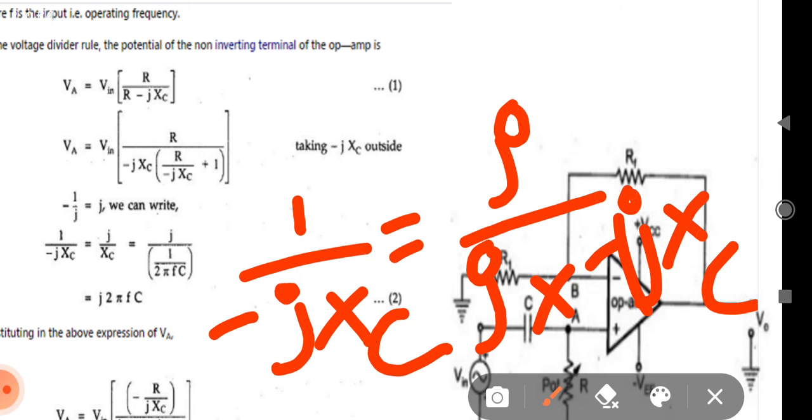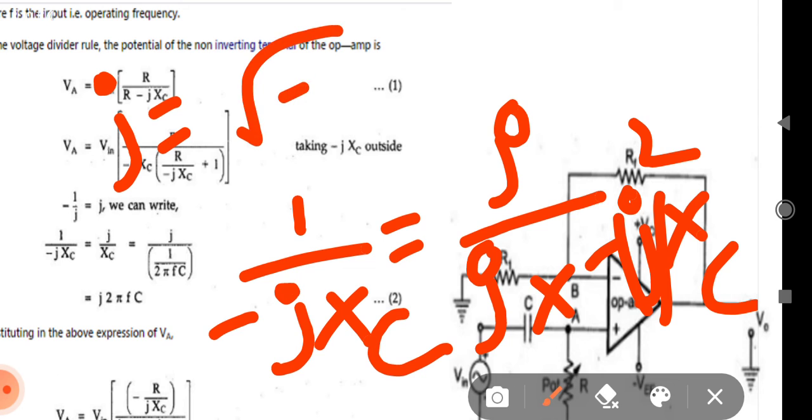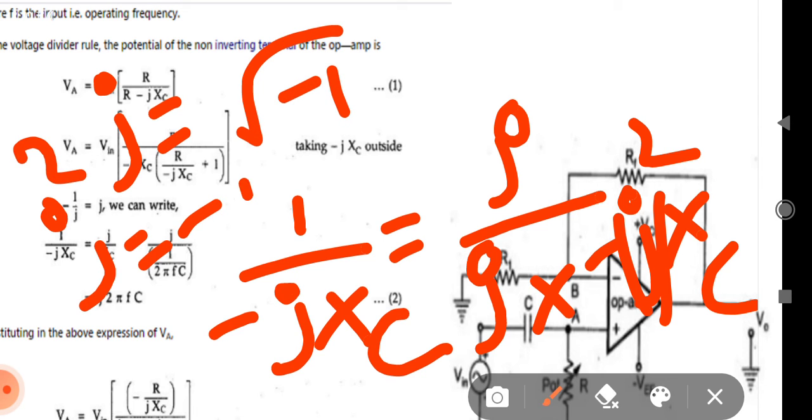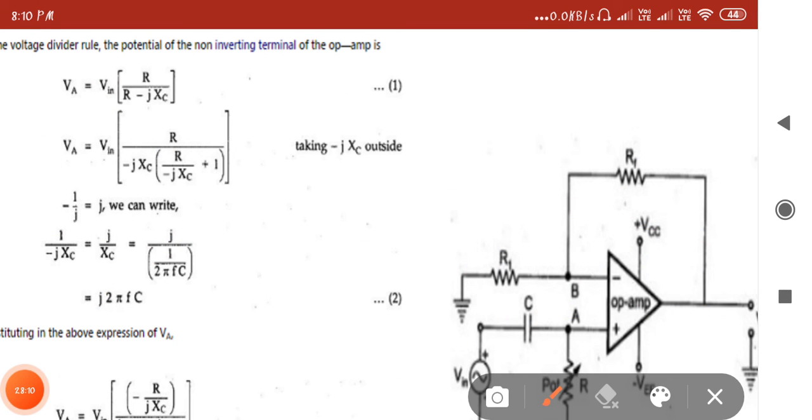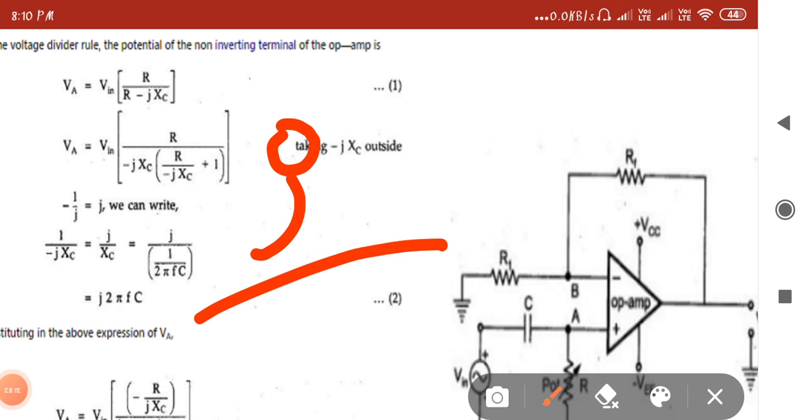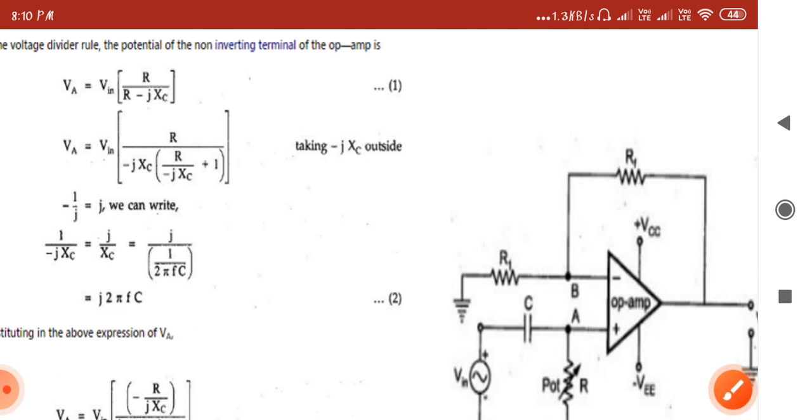J into J, J square. J equals to root of minus 1, J square equals to minus 1. Minus 1 becomes plus, we have to take that one. That's why it is J divided by XC. Can we take it? And J divided by XC, take it common. 1 divided by minus JXC equals to J by XC, right.